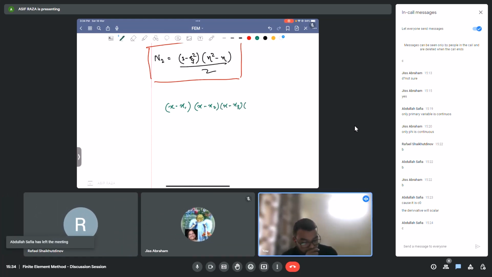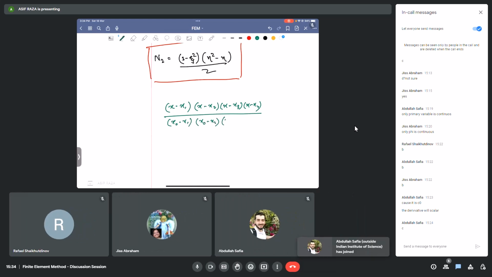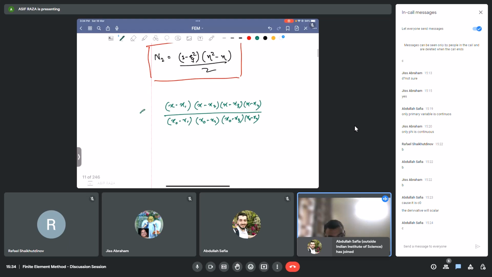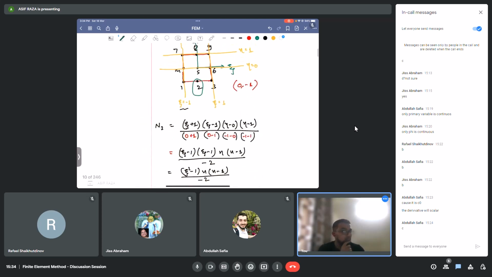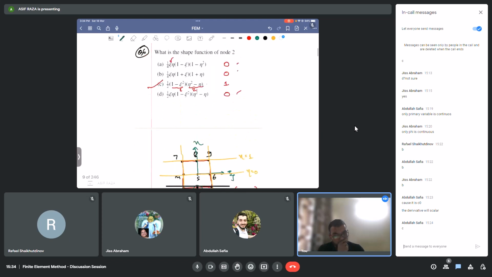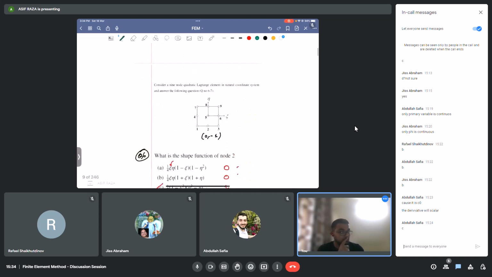Yes, that's what I want to say. Earlier you must have studied like this: x naught minus x1, x naught minus x2, x naught minus x3, x naught minus x4. This way you must have studied Lagrange polynomials, right? This was the way to derive it. So similarly, this is the thing. I hope this is giving you some new insights on how to find the shape function. Okay.